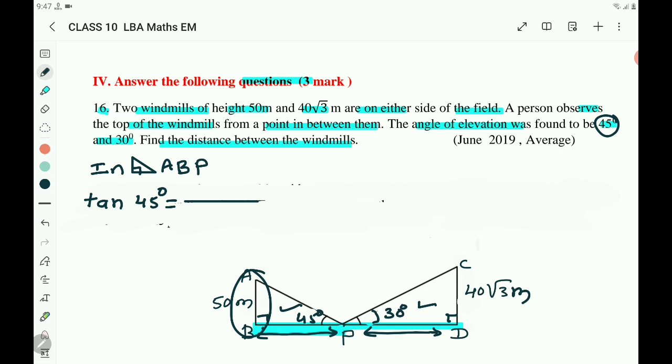Opposite side is AB and adjacent side is BP. AB by BP. Then what is the value of tan 45? Tan 45 is 1 equals AB is 50 by BP. So do the cross multiplication. 1 into BP, that is BP is equals to 50. BP is equals to 50 meter.